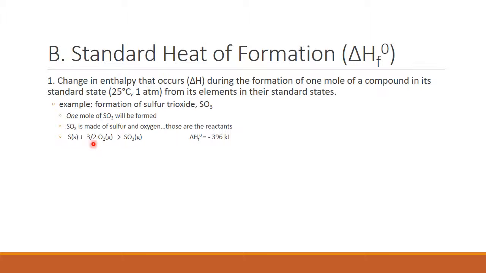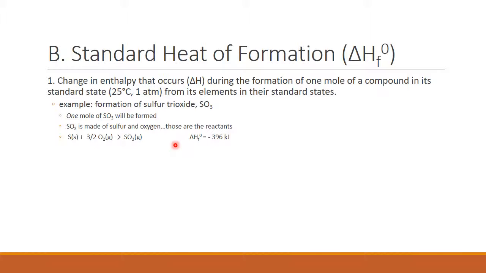And notice the balancing here. I have 1 mole of sulfur because I have 1 mole of sulfur on my product side. And then for my oxygen, I have 3/2 of a mole of O2. Well, 3/2 times 2 would be 3, because over here, you'll notice we have 3 oxygens in SO3. And then notice we have SO3 gas because that is the standard state of SO3 at 25 degrees Celsius and 1 atmosphere.